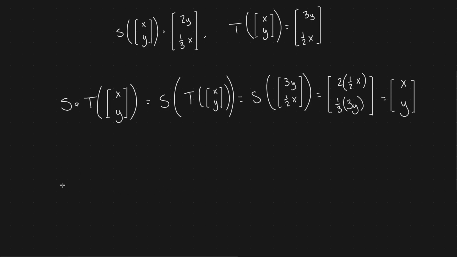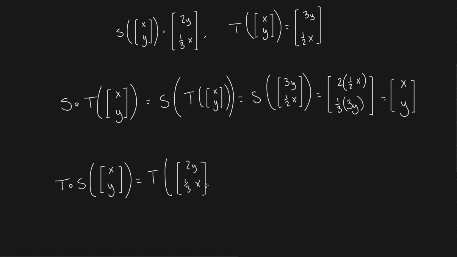Okay. So we've checked S composed T. Now let's check T composed S. If I take S of xy, I get 2y, 1/3 x. And if I plug that into T, I plug 2y in for x. That's going to be 1/2 times 2y in the second component of the result.